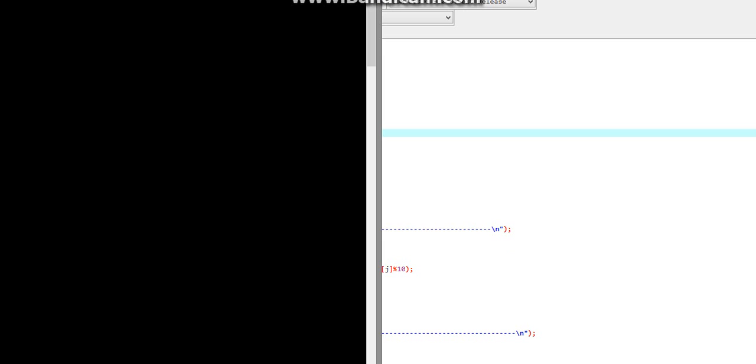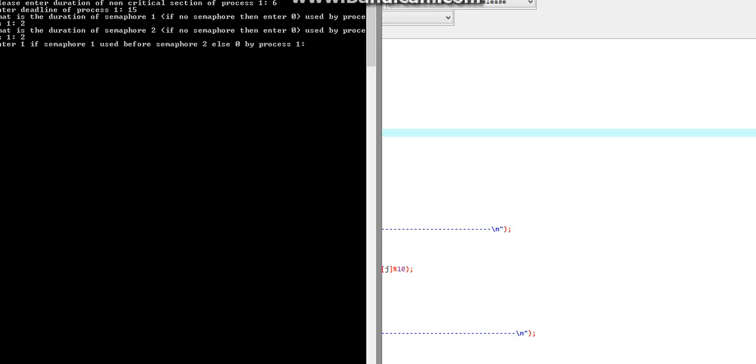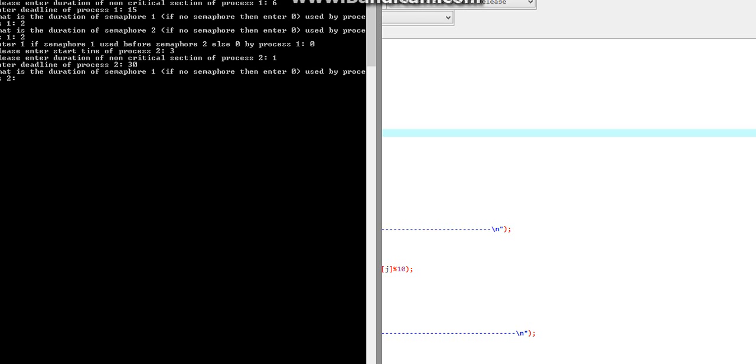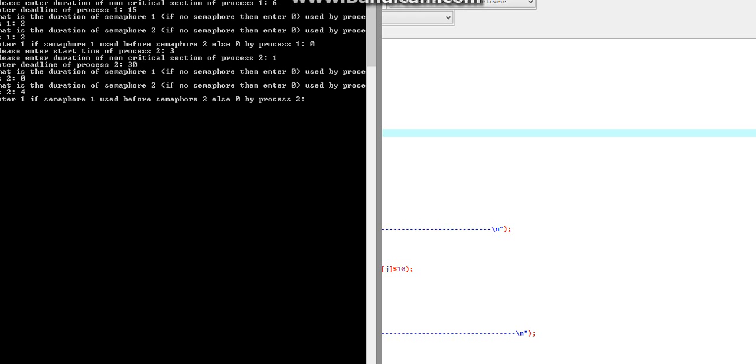So how many processes do you want to run? Let's enter 3 processes, and then enter the process time of 1, which is 6. Let's say we have 30. Semaphore time is 0. What is the duration of the semaphore? Let's say 4 units.